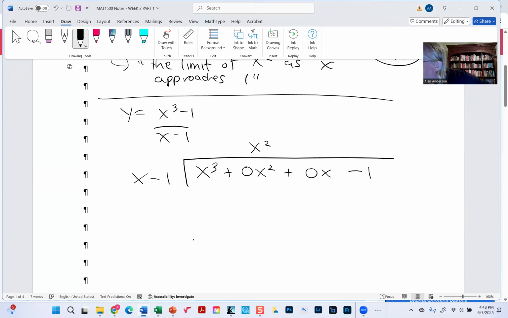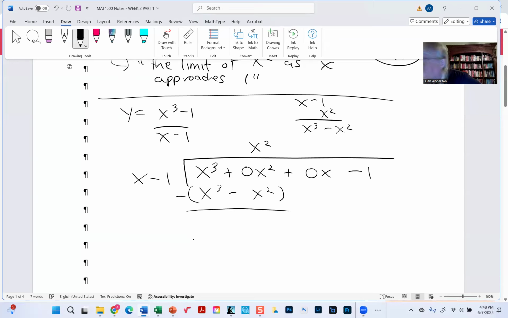If I multiply x squared times x minus 1, that leaves me with x cubed minus x squared. And now that expression has to be subtracted from the terms directly above it. So you've got to watch out because if this becomes negative, these drop out, this becomes positive, and you're left with x squared.